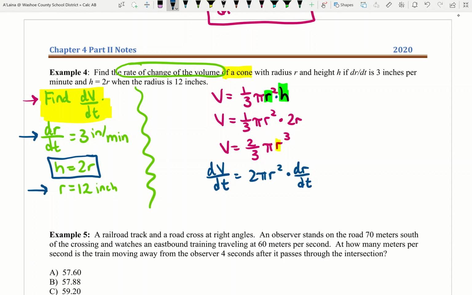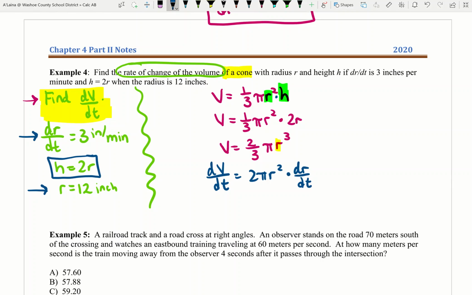You might notice that this starts to look a lot more like a different formula. It starts to look a little bit like formulas for spheres, and it's not exactly right. It has to do with what's happening here with h equals 2r, but you will sometimes start to see formulas that look like something else.